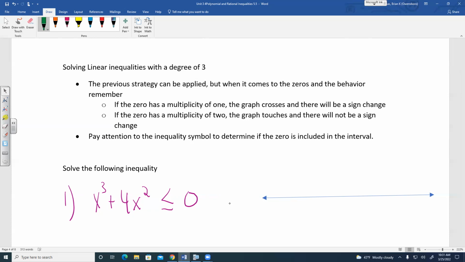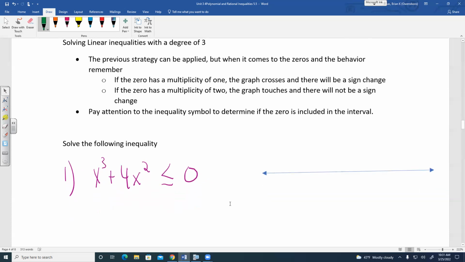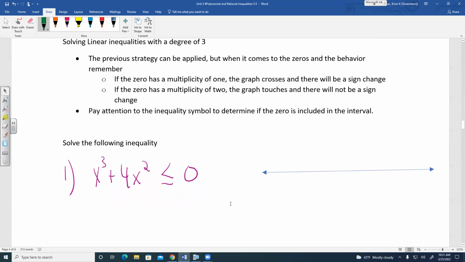So notice how if we try to solve this inequality here, it's actually a third degree. So third degree, again, we're going to try to do factoring to start with. So I have this x cubed plus this 4x squared is equal to 0. Notice how there is a GCF of an x squared. So I have an x squared times x plus 4 is equal to 0.